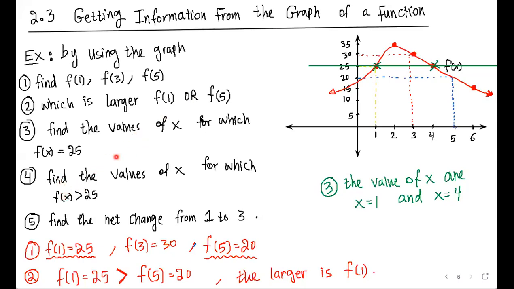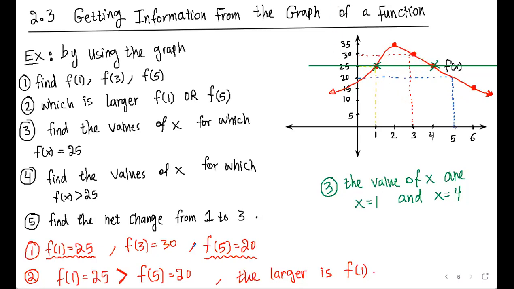You have to draw a horizontal line and check which x values have a y value greater than 25. Same idea, you draw a horizontal line. We check which point has a value above the horizontal line.